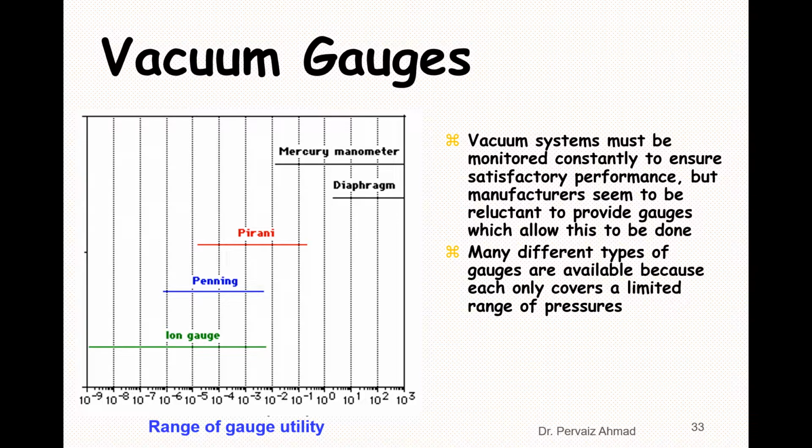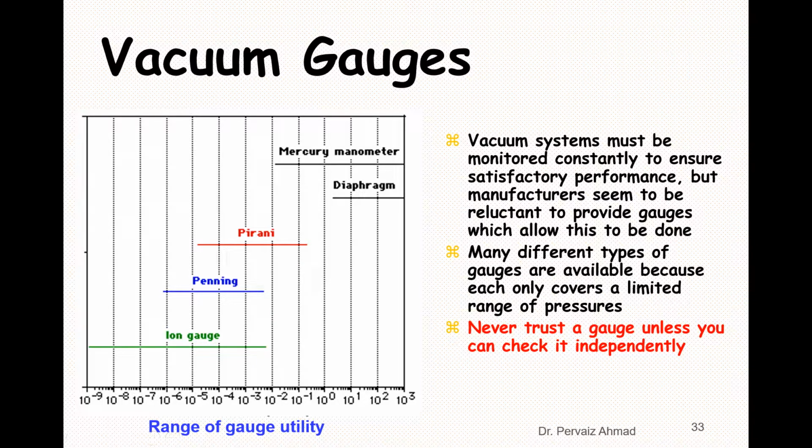Many different types of gauges are available because each only covers a limited range of pressure, and this fact we have already specified here: what kind of gauge operates in what particular range. That's why we have different kinds of gauges.